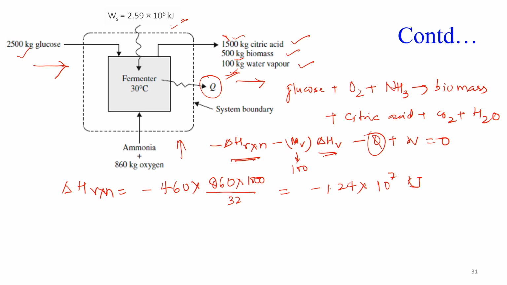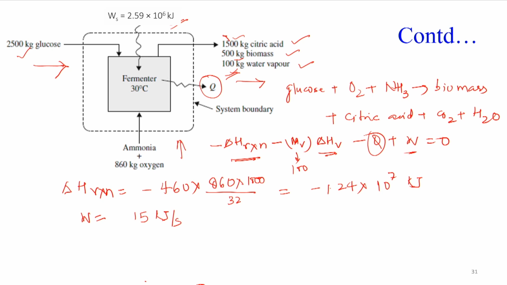Latent heat of vaporization is also given to us. W, what is the value of W? W is 15 kilowatt, means 15 kilojoule per second, and this we are continuing for 2 days.